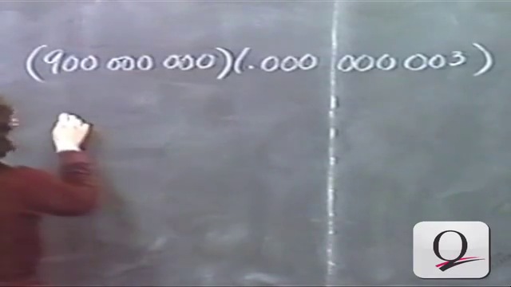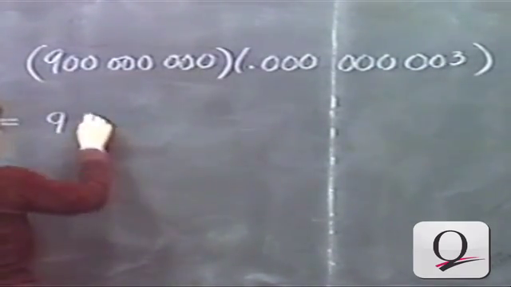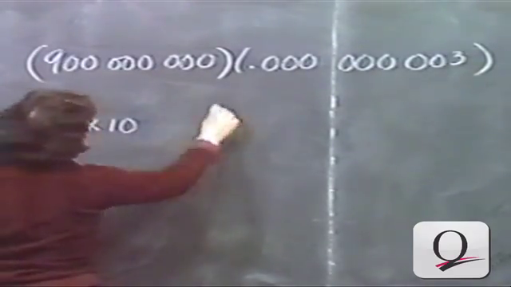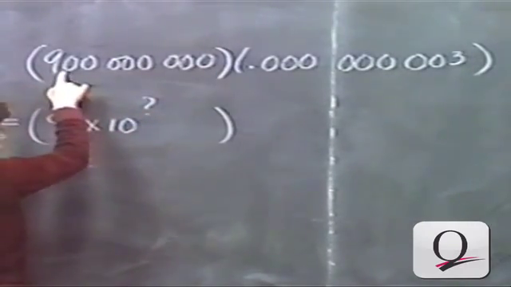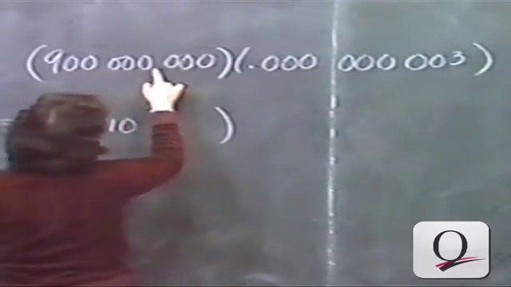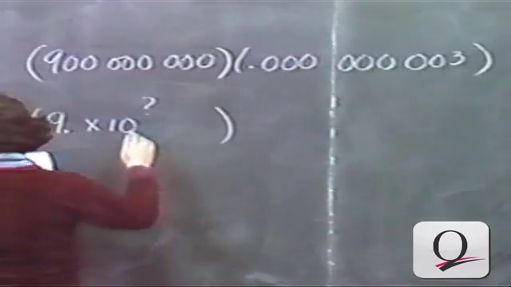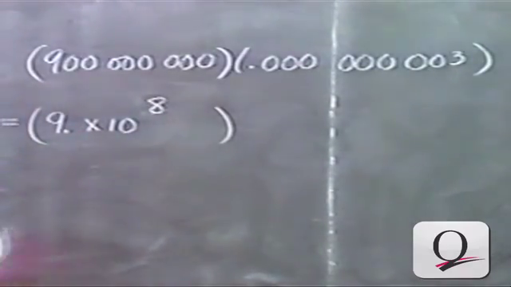Okay, 900 million can be thought of as 9, or 9.00, times 10 to, let's see, which power? Well, 9.00 is over here. We want to move the decimal once, twice, 3, 4, 5, 6, 7, 8 times to the right. So that's the same as multiplying by 10 to the 8th power.